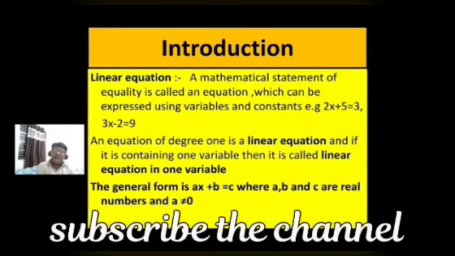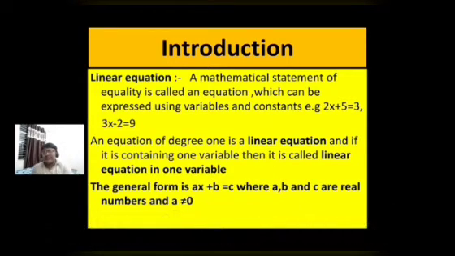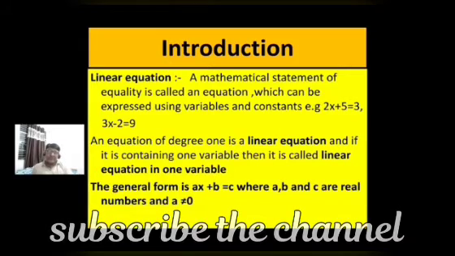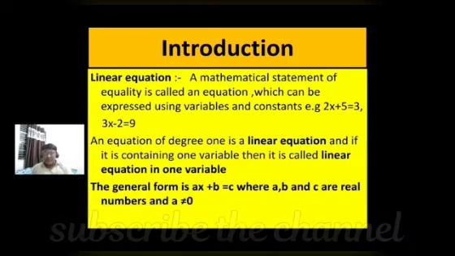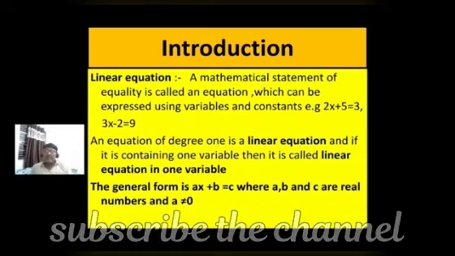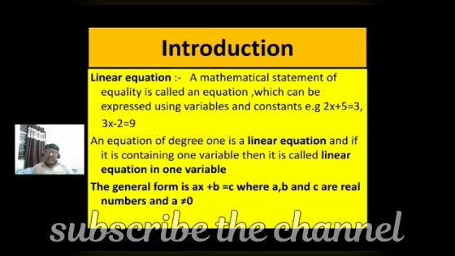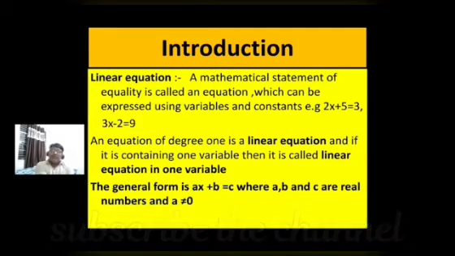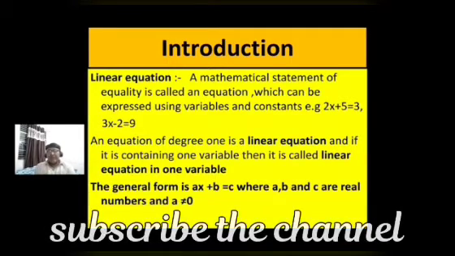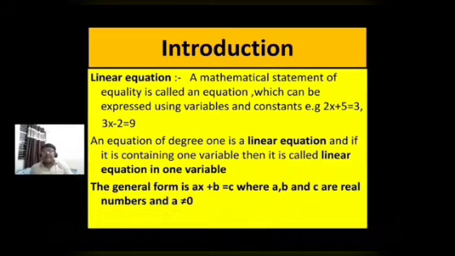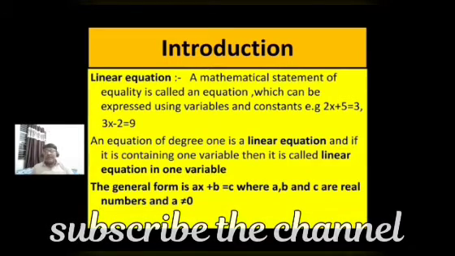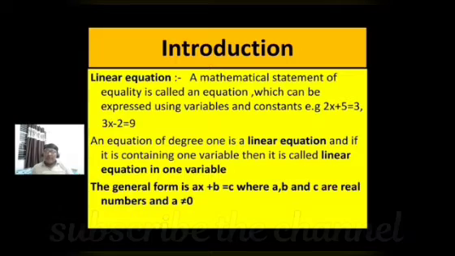So, 2x plus 5 is equal to 3 is an example of a linear equation. 3x minus 2 is equal to 9 is an example of a linear equation. And remember one thing, an equation of degree 1 is called a linear equation. And if it contains one variable, then it is called a linear equation in one variable.